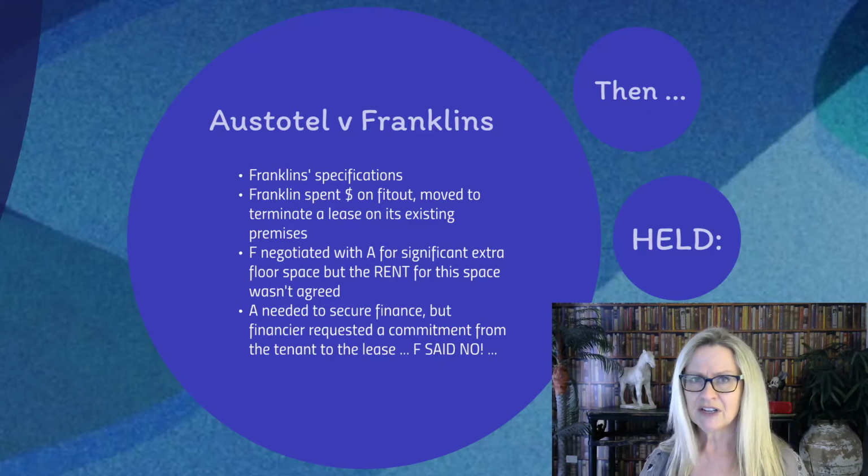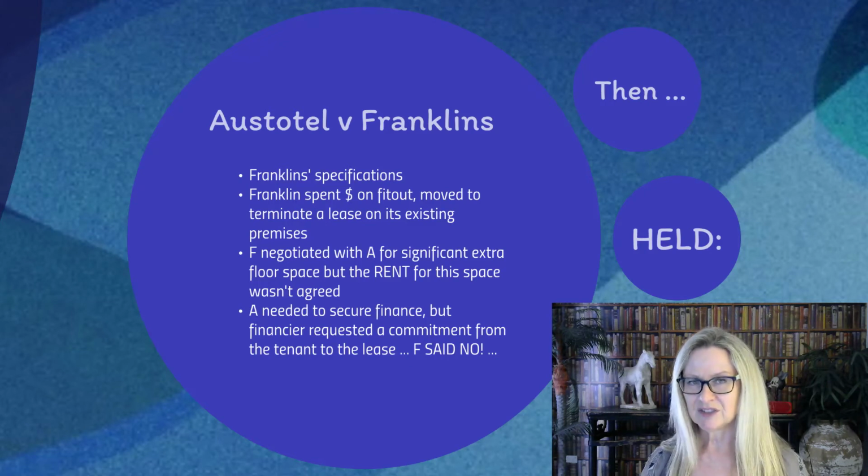They negotiated for a large amount of extra space, but what they didn't do was agree on a price for the extra space. Franklin's kind of thought that they might be able to slip one by on Estoppel. So they kept negotiating.